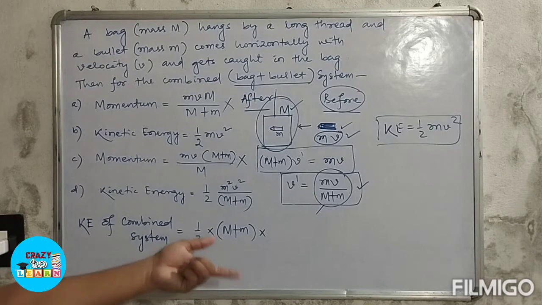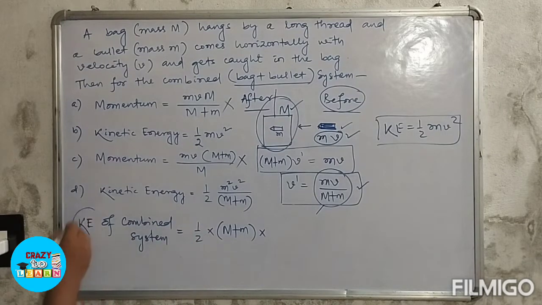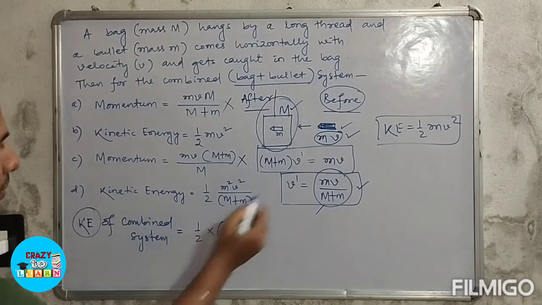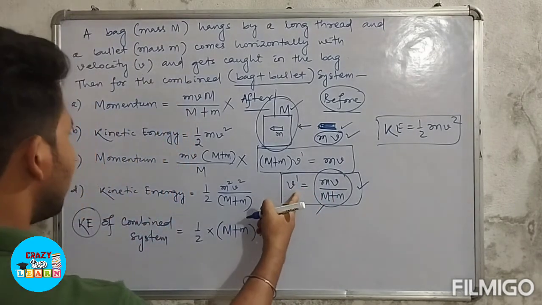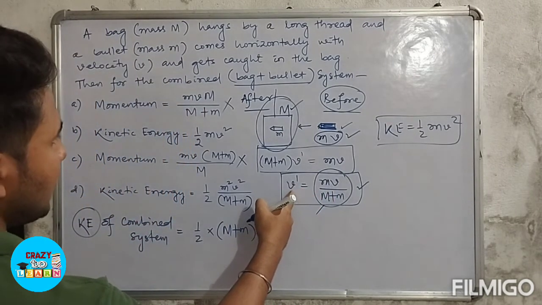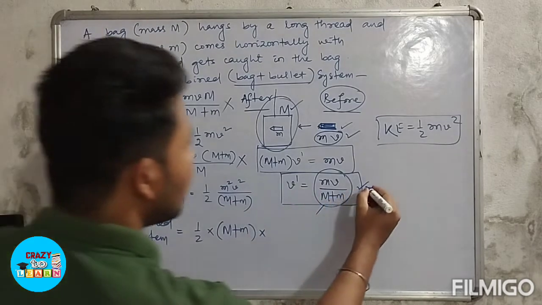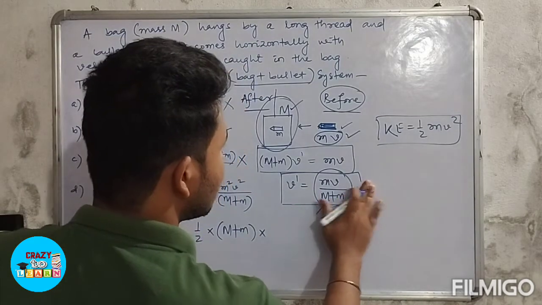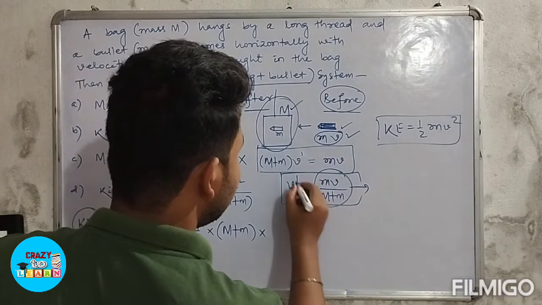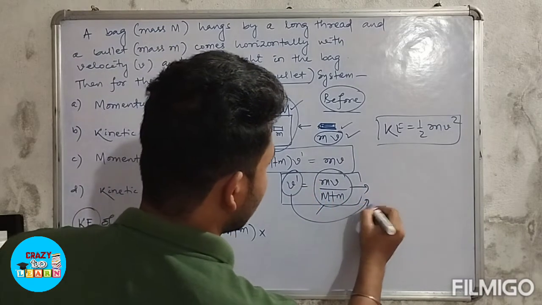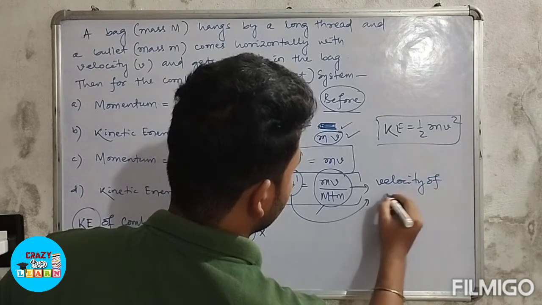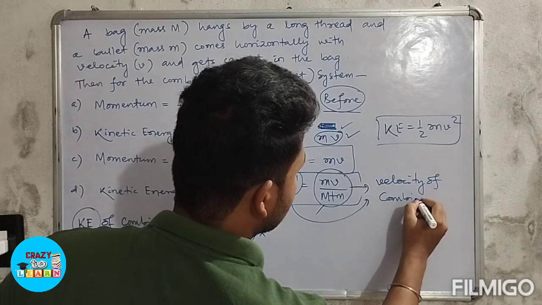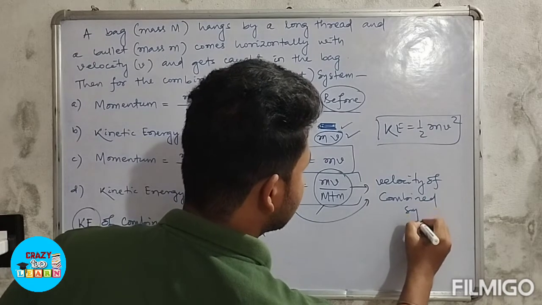That means velocity square. What is the velocity of the combined system? The velocity of the combined system is v dash. Okay. Remember v dash here. The v dash is the velocity of the combined system. What is written here? It is v dash will be your velocity of the combined system.